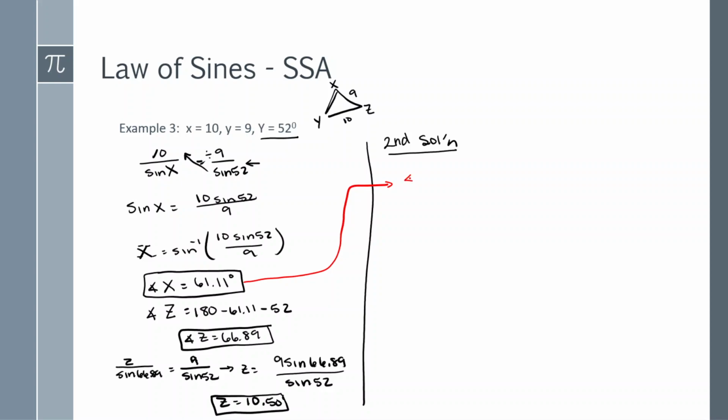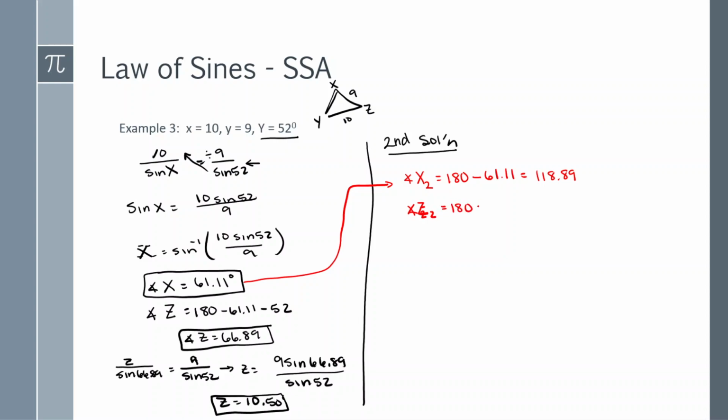and my second possibility for angle X is going to equal 180 minus the 61.11, which gives me 118.89. Now, I can then use that angle to find angle Z, second possibility.